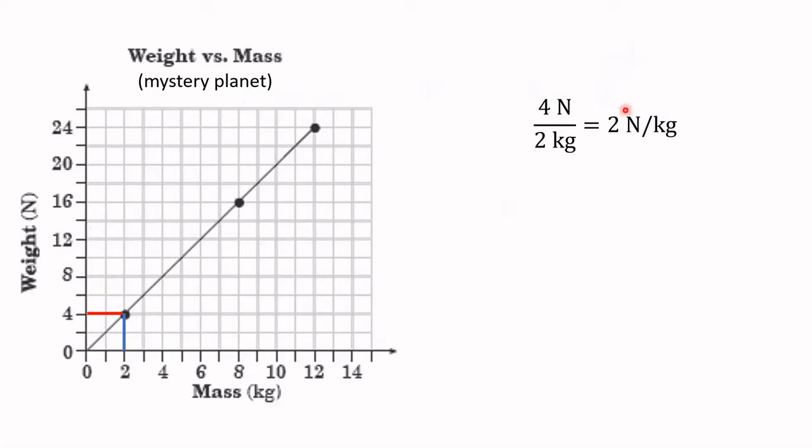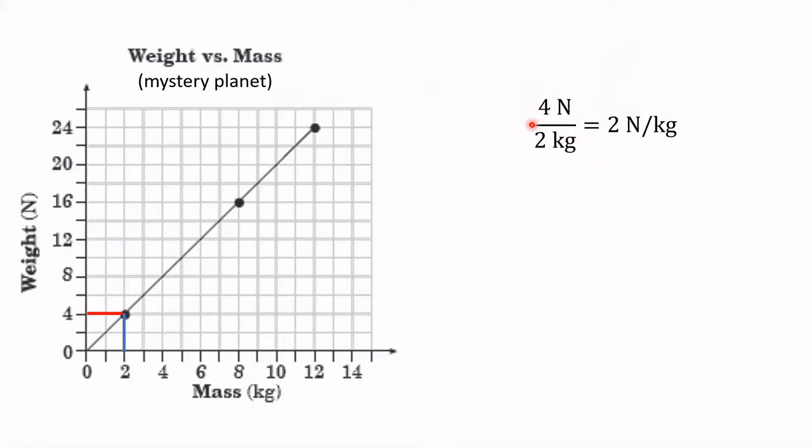And let me draw your attention to the fact that 4 newtons is the height of this blue segment, is it not? And if you think back to high school algebra, you could call that the rise.